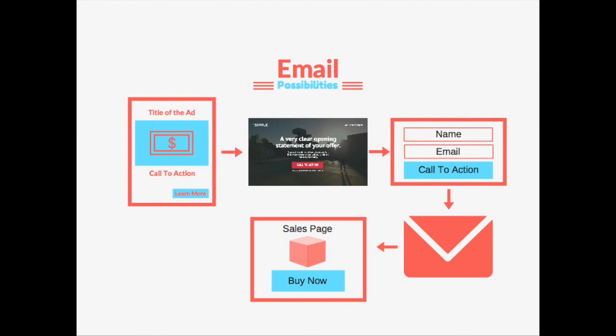How many people walk by your business, or how many times do you pitch your service at meetings before you get one person to buy? And all you had to do was spend a little money on an ad, set up your landing page, set up your email so you can capture the email and automate an email to a sales page to get someone to buy.